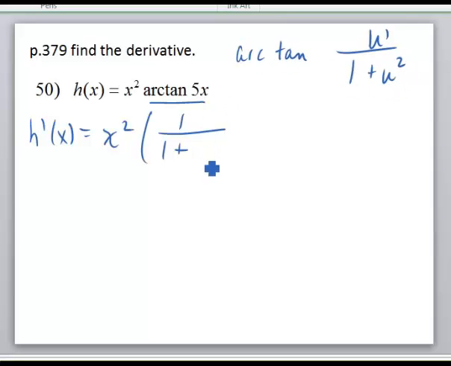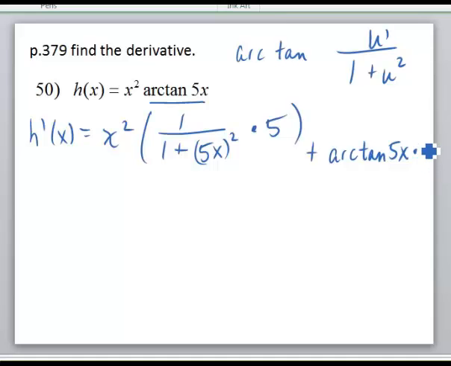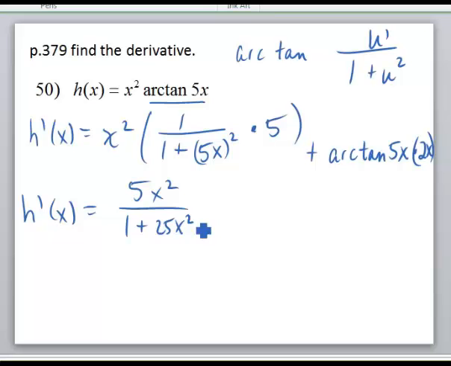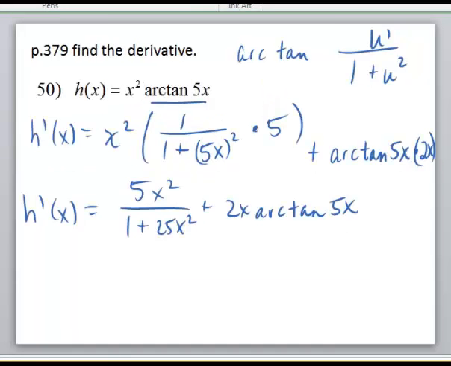So you're going to put this term squared, and then you multiply by the derivative of that, which is 5, plus the second times the derivative of first, which would just be 2x. So to simplify this, I would have 5x squared over 1 plus 25x squared plus 2x arc tangent 5x. In case the last video the answer got cut off, this is how it did simplify and reduce.